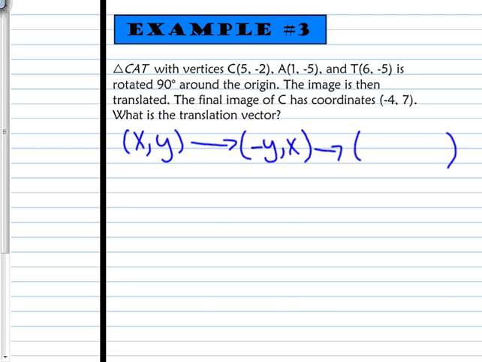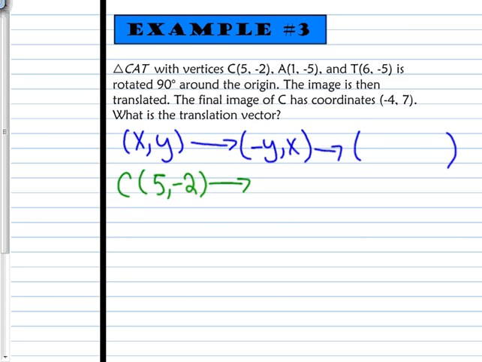It's going to be something, but we're not sure what that something is going to be. However, I do know specifically some details about point C. So point C, what are the coordinates of point C? Well, the problem says they are 5, -2. Okay, well, can we rotate those points?